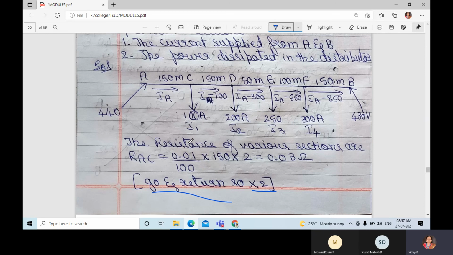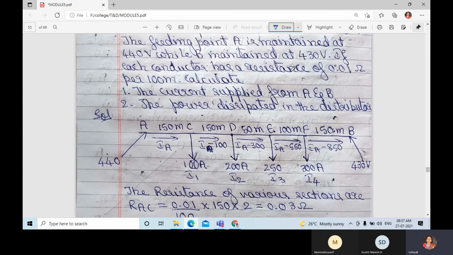They have given 0.01 ohm per 100 meters, so 0.01 divided by 100 into 150. From A to C the distance is 150 meter, so 150 into 2, you'll get 0.03 ohm.